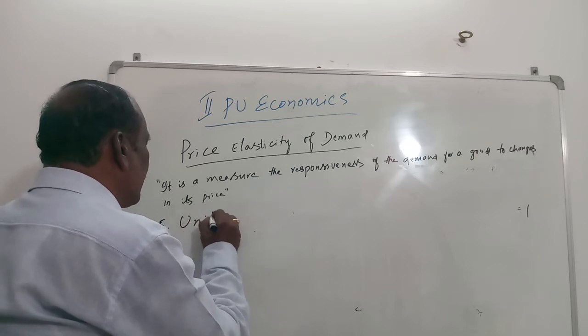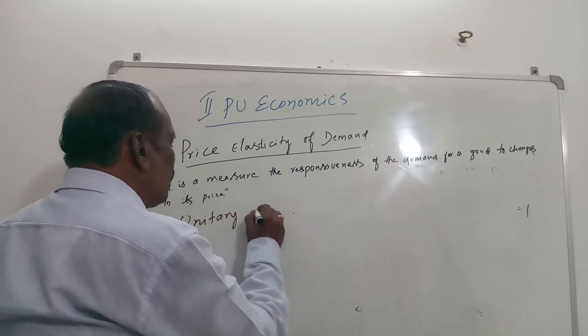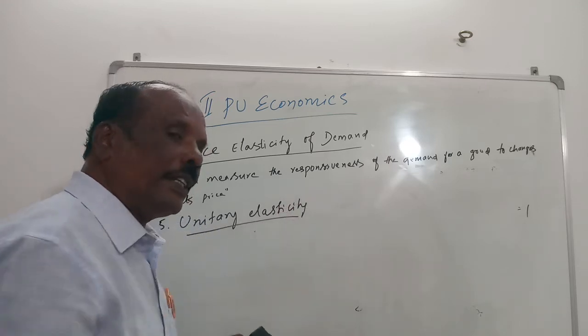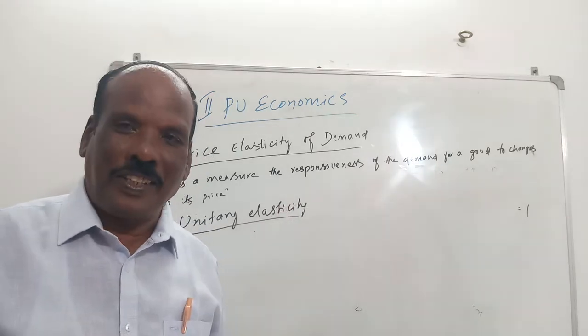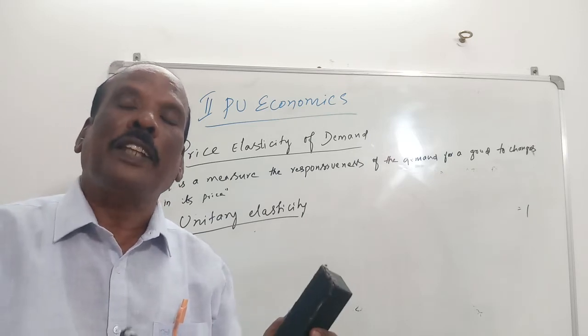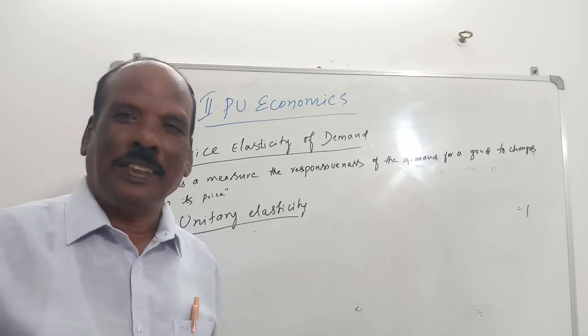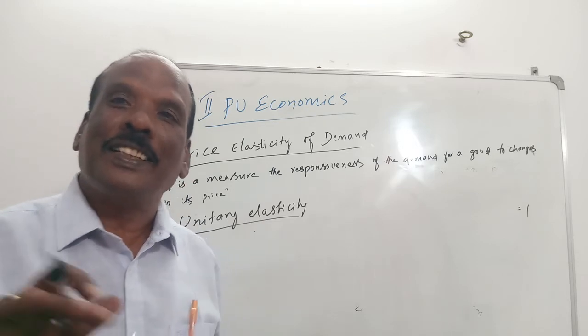Unitary elasticity. That does mean equal percentage of changes. If there is 10% increase in price, there will be 10% increase in demand. That is called unitary elasticity of demand.